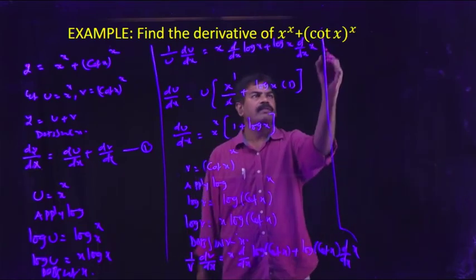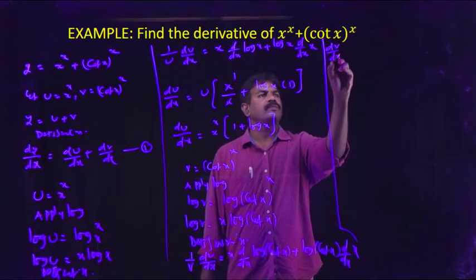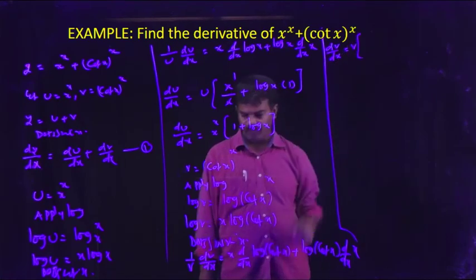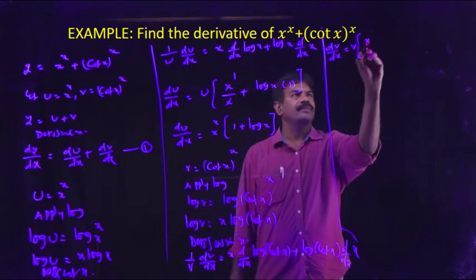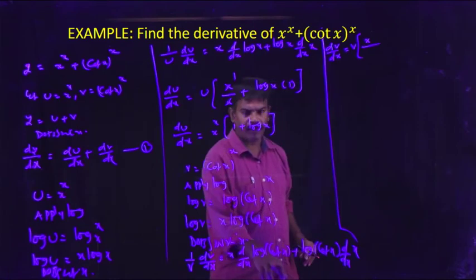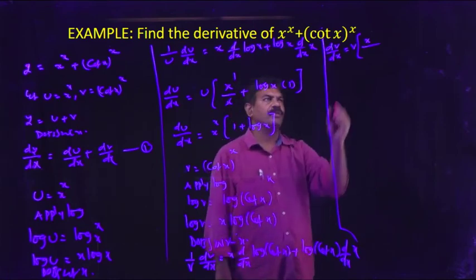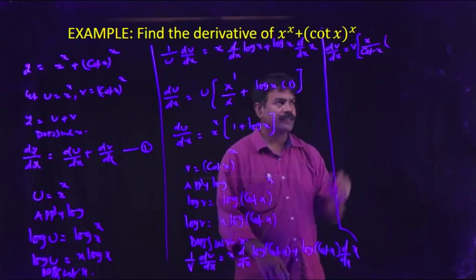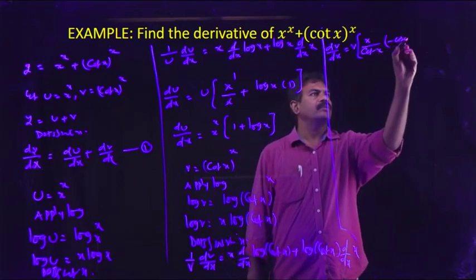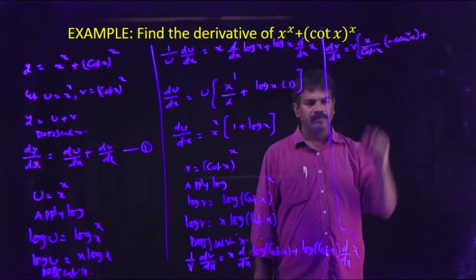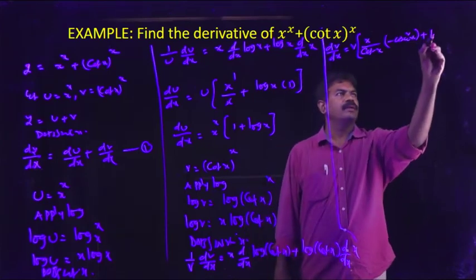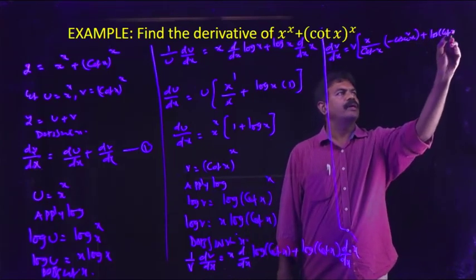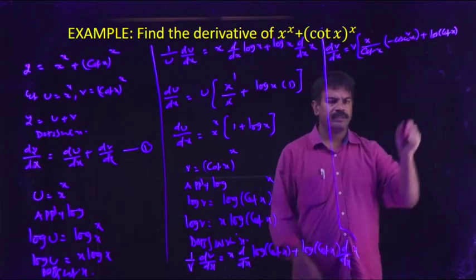So dv by dx is equal to v into x into, it is in the form of log x. Derivative of log x is 1 by x, that is 1 by cot x, into derivative of cot x is minus cosecant square x, plus log of cot x into derivative of x is 1.